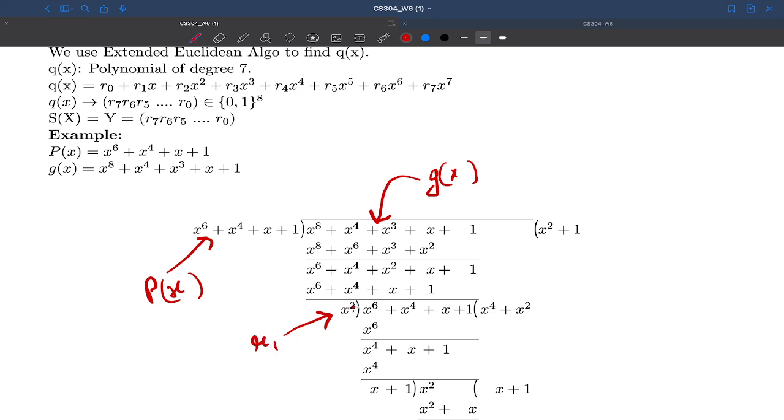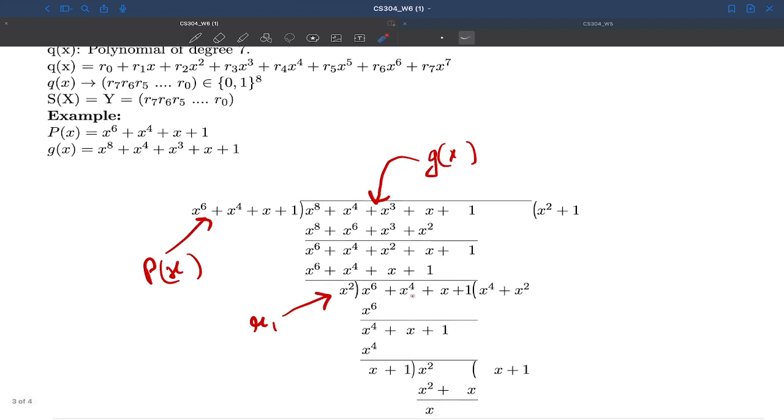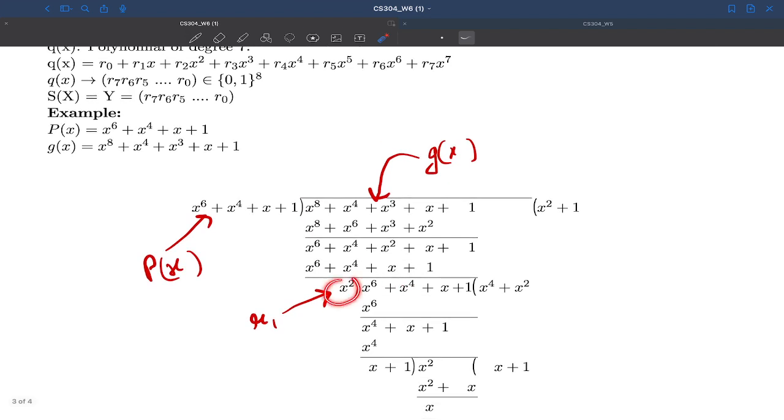Now what we do is that when you get a remainder, make that remainder the new divisor. Previously we had the divisor x^6 + x^4 + x + 1. Now for further iterations, make this remainder the divisor. This remainder will become the divisor for further operation. And what will act as dividend?